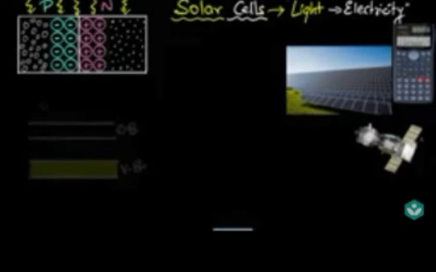Now what happens if we shine light on our solar cell? Let's go to our band structure to understand. If you look at the band structure of the semiconductor near the depletion region, there are no charge carriers, so the valence band is completely full with no holes, and the conduction band is absolutely empty, no electrons.